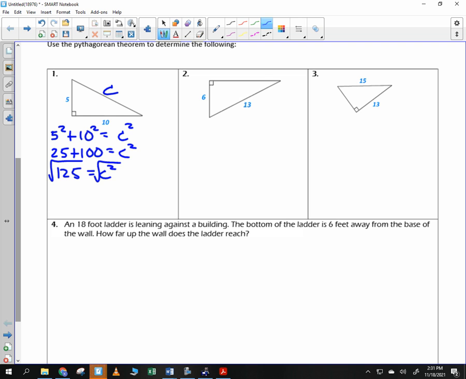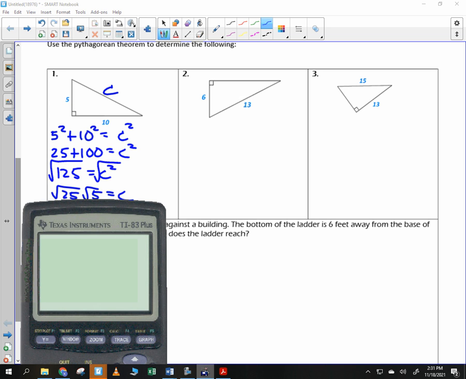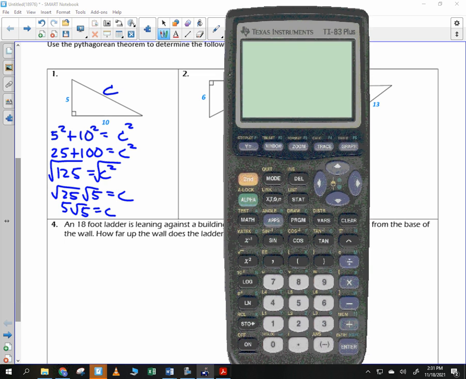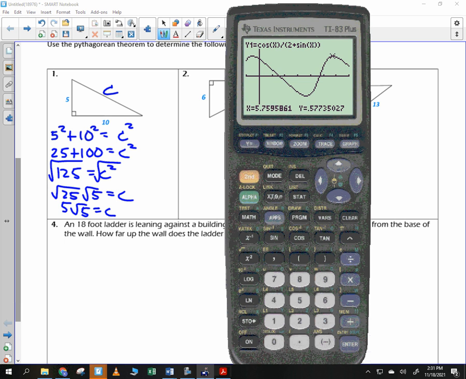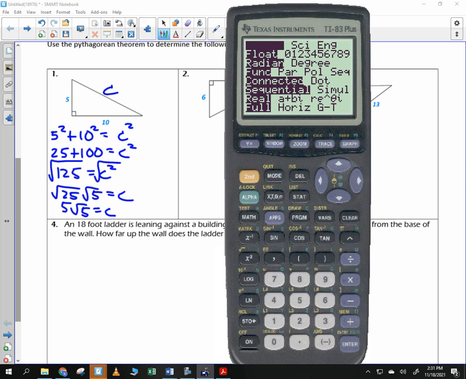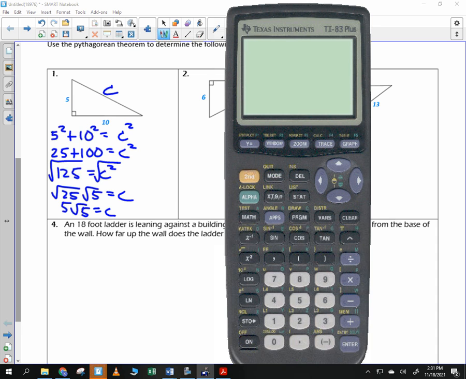So, can you reduce the square root of 125? What does it reduce to? Square root of 25 times the root of 5, or 5 roots of 5 is equal to C. You're going to list it both as a radical in simplest form, but you're also going to list it as a decimal.